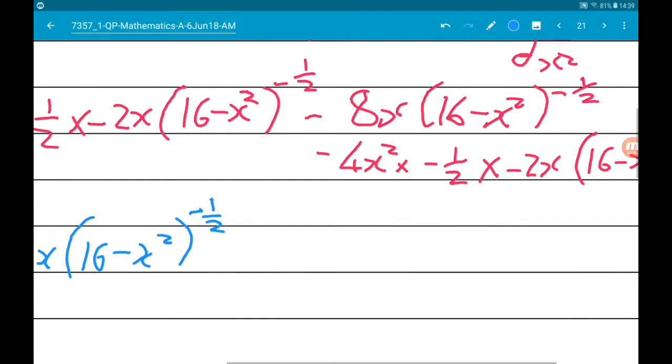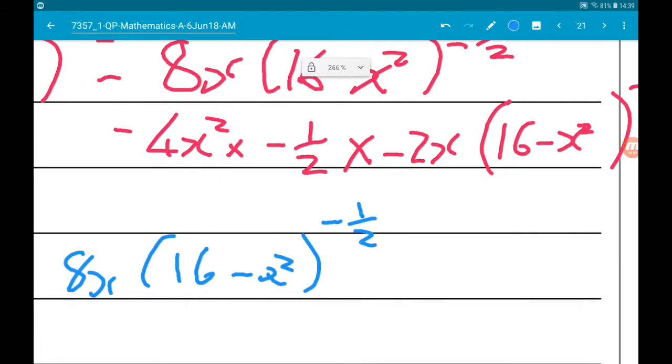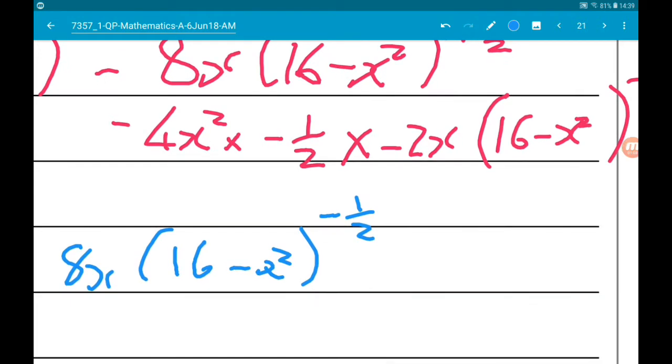Then we've got minus 8x times 16 minus x squared to the power of minus a half. And then we've got minus 4x squared times minus a half, which is positive 2x squared. But then we've got 2x squared times minus 2x.